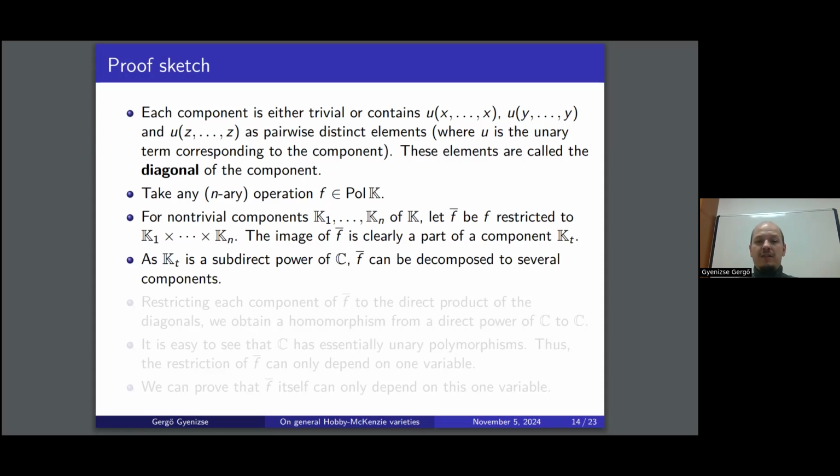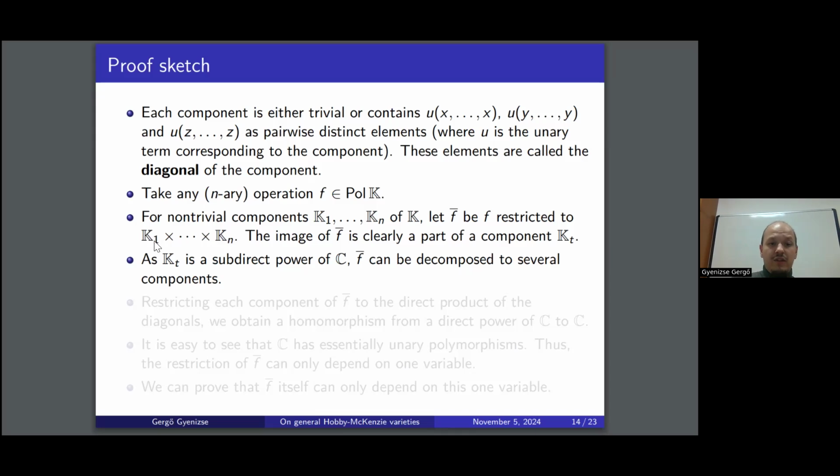So overline F maps to Kt, and Kt was a subgraph of a C power. So a map that has image in Kt will have several components, and those components map to C. So overline F has several components. Both of them are mappings from K1 times Kn to C. But K1 to Kn, if they are trivial, then we don't care.